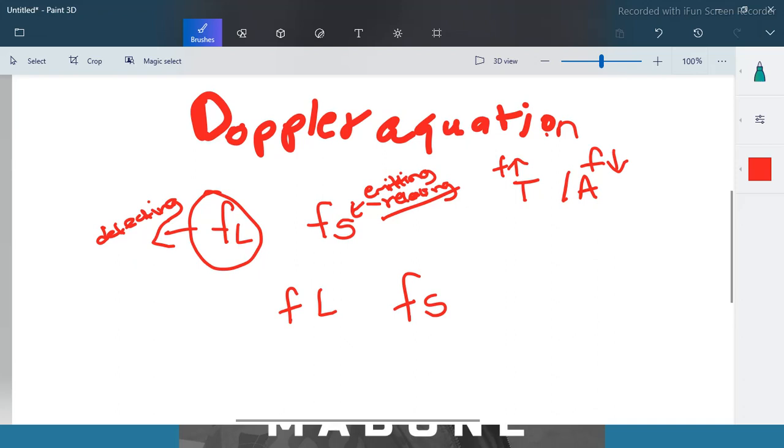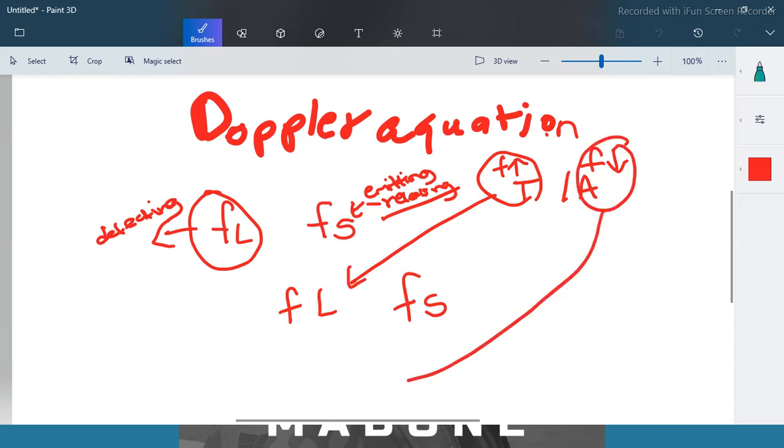Absolutely rare. Okay, guys. So when we're talking about the frequency here, we are talking about the frequency of the listener. Every time you predict what is happening here, just know that we are referring to the frequency of the listener. Okay.